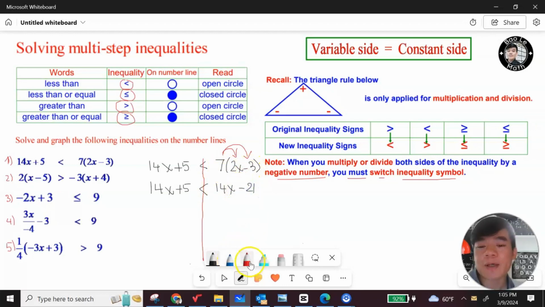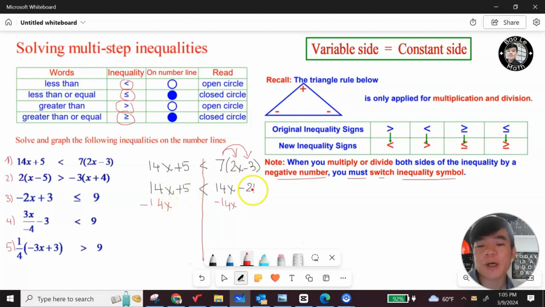Now, remember: the left hand side contains variables, the right hand side contains constants. So I subtract 14x so that there is no variable on the right hand side. Now I see this 5 right here.